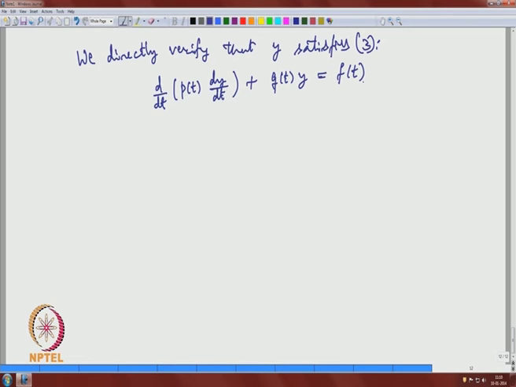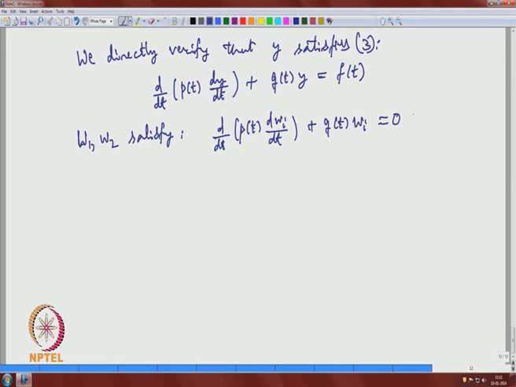And w 1 w 2 satisfy the homogeneous equation, that means d by dt of p t d w i by dt plus q t w i equal to 0, for i equal to 1, 2. Remember that they satisfy this.